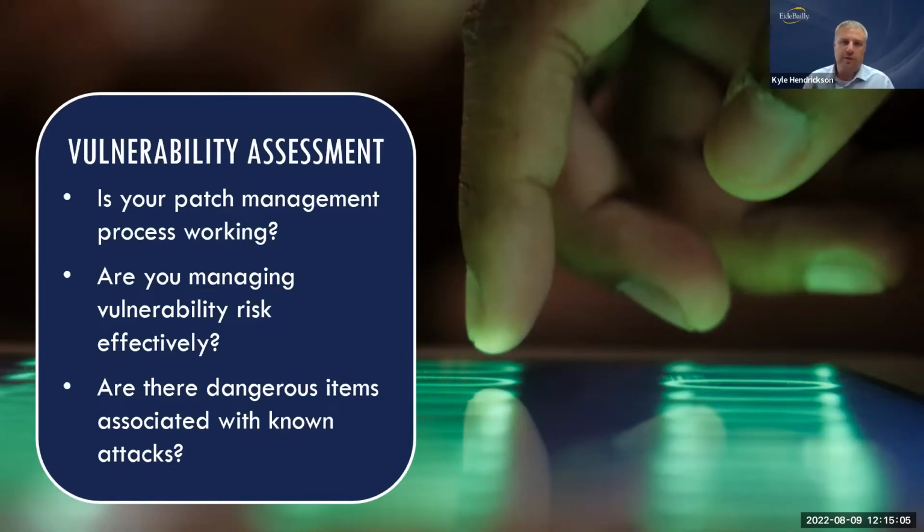So something called live off the land binaries and scripts, just those things that come included with all of our operating systems. So for example, Microsoft Windows has many things that are located in the C drive Windows folder. And those things just come with Windows. And of those, there are known things that can be abused for various stages of the attack chain.